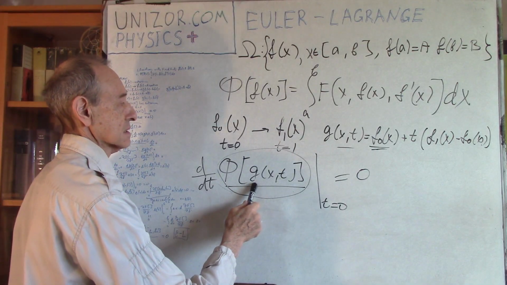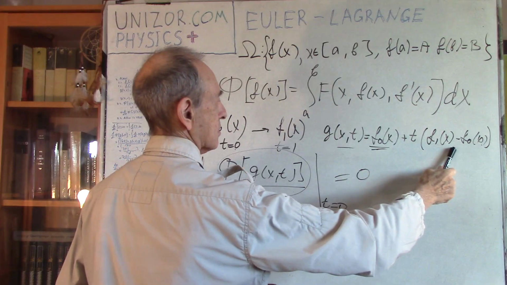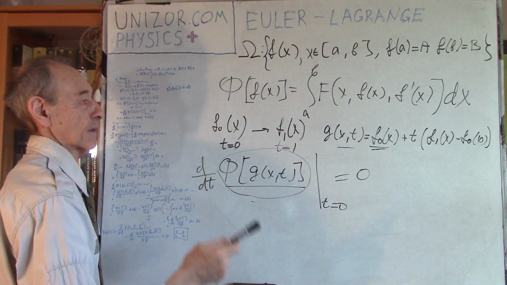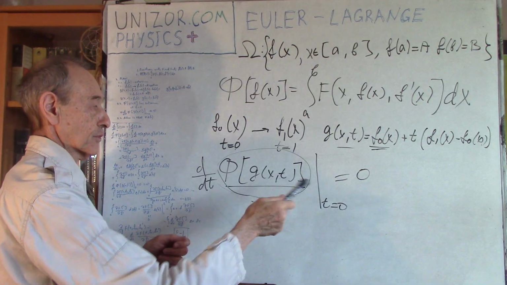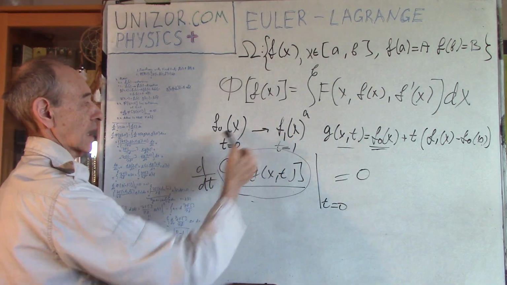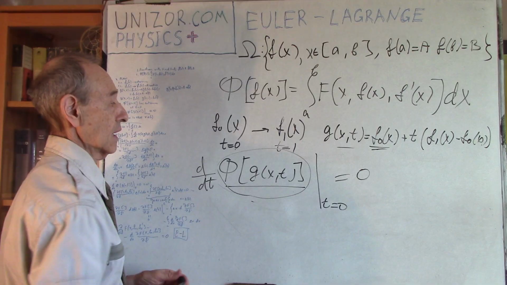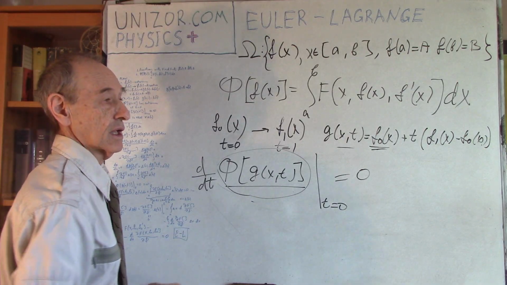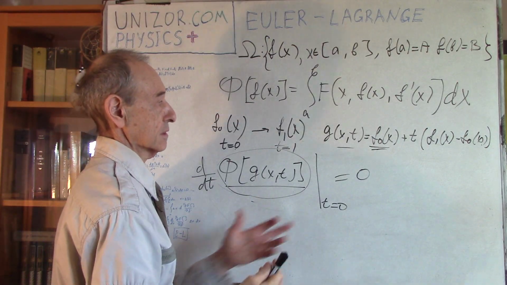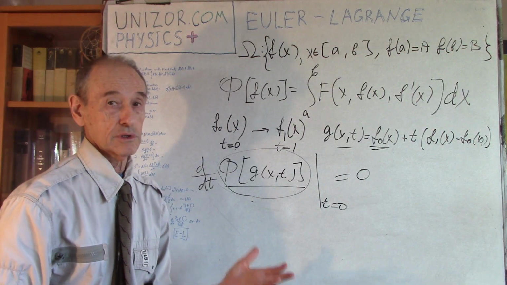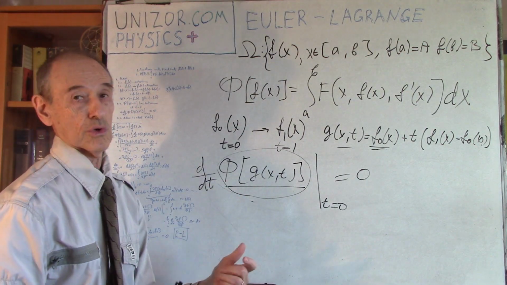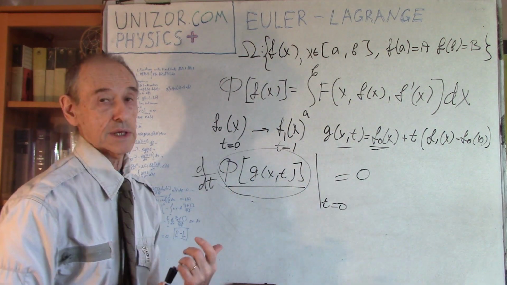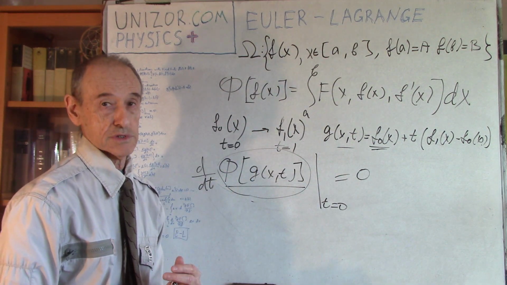Since my g depends on f1, and it's supposed to hold for any f1, no matter from which direction I'm moving towards f0, I still have to have this. So f1 should be arbitrarily chosen, and we still have to have this equation be true. And that is what basically gives us a differential equation for f0.